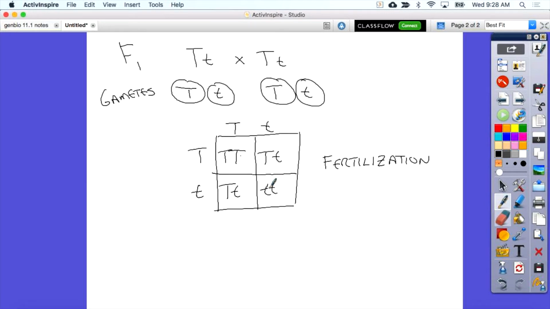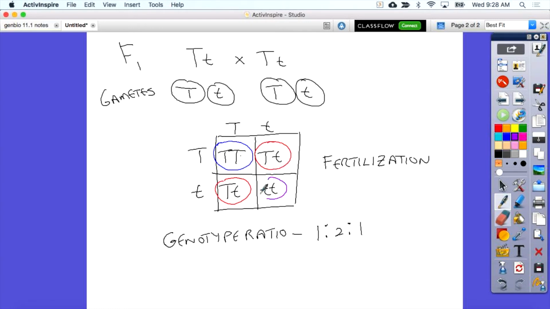So now if we look at our Punnett square, we have a genotype ratio of 1 to 2 to 1. So let's look at that. We have 1 big T, big T, 2 big T, little t's, and 1 little t, little t.